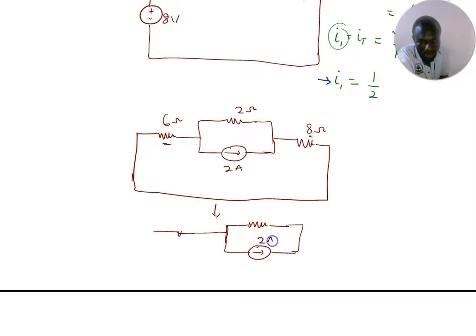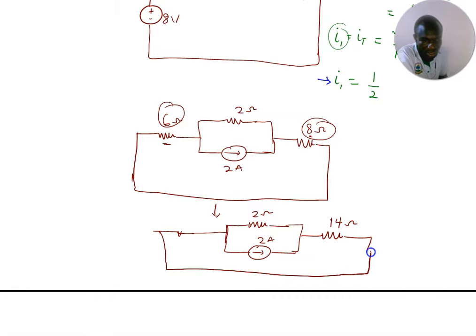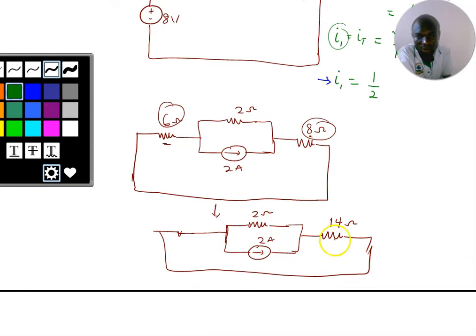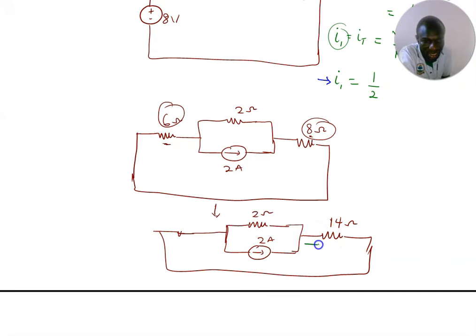So 2 amps current here, 2 ohms here. The 6 and the 8 are in series, so I'm going to get 14 ohms here. Are you okay? Something like this. So now, it's easy to find the I2.